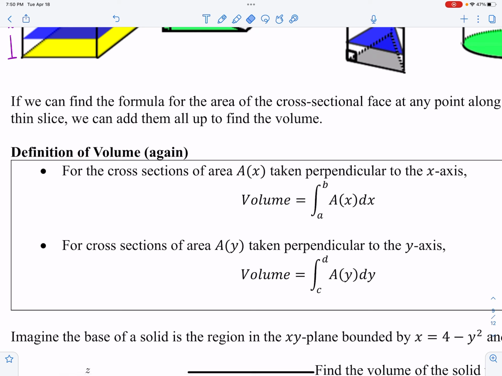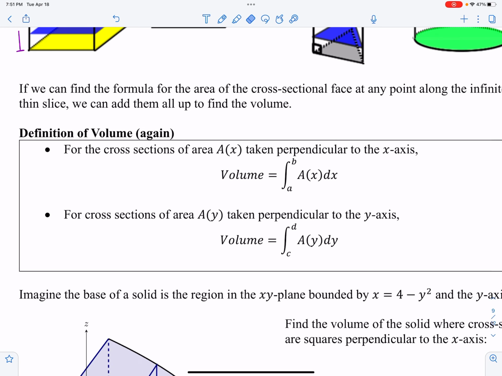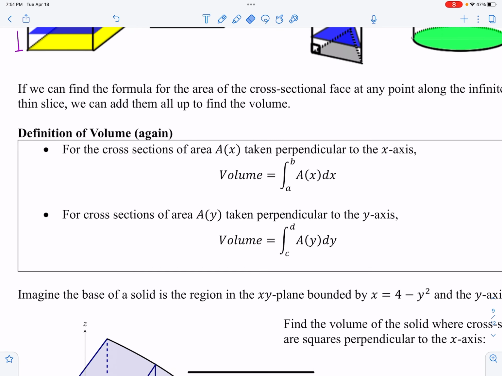We're thinking about adding up the volumes of infinitely many cross sections in order to calculate the volume, where dx represents the infinitely small width of each of those cross sections, or dy as well.